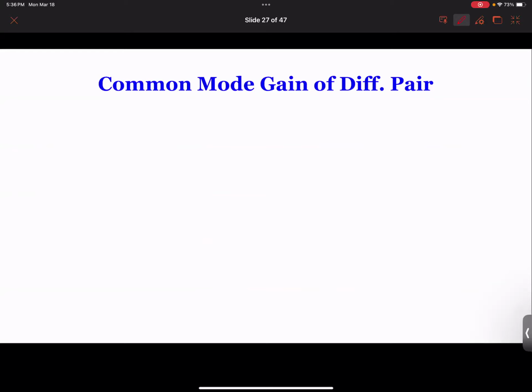So let me get this. We have CMRR equal to A differential over A common mode. Now you have your differential mode. Let me go to my equation here. For the middle band, you have this g_m times R_D. But for the high frequency band, let me see what it is.